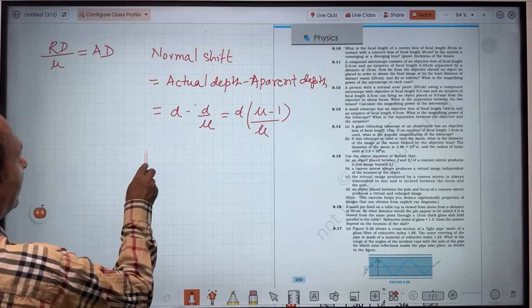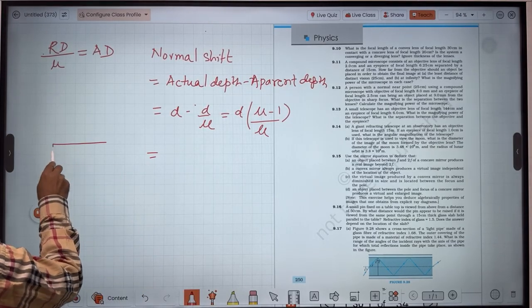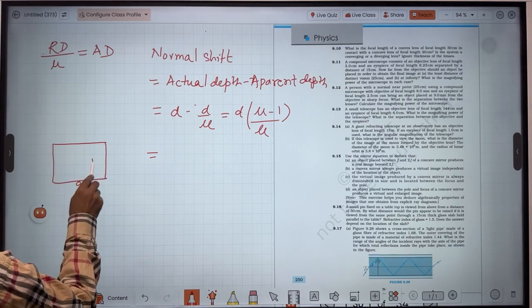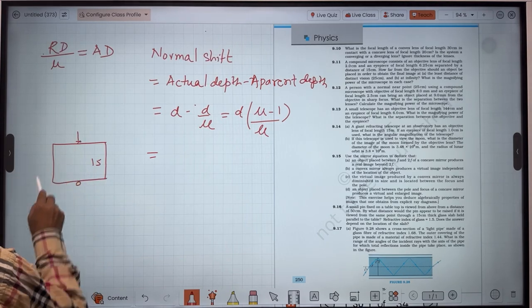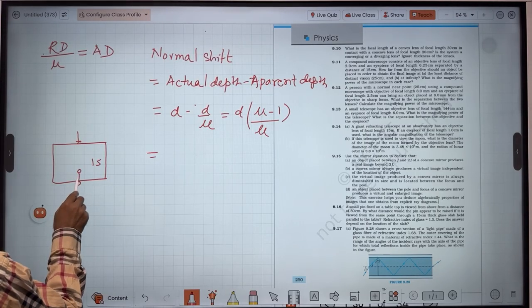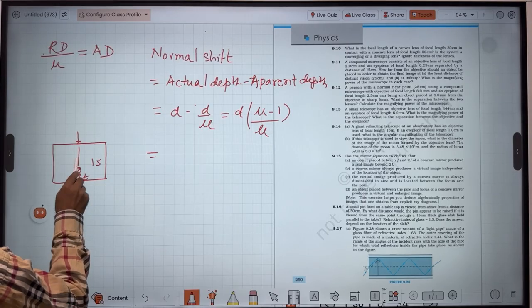So just take 15 centimeter. Suppose the object is here, this is 15 centimeter. So if we view from here, it will seem to be raised to this height. So this is say t.